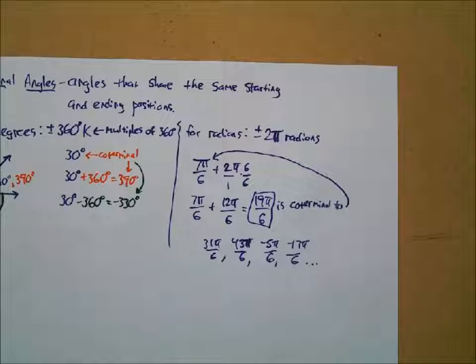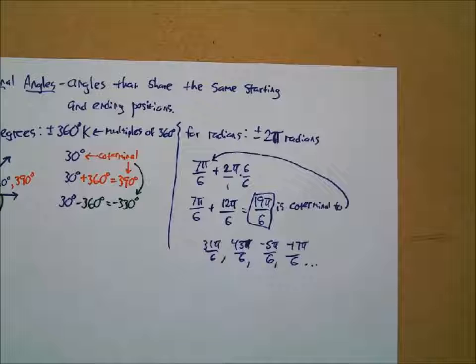So I think that's all I have to say about that for today. Any questions on any of that? Oh yes, Pramika. Not subtracting, adding 7 pi over 6. We're starting at 7 pi over 6, our original measure, and we're adding multiples of 2 pi or subtracting multiples of 2 pi.